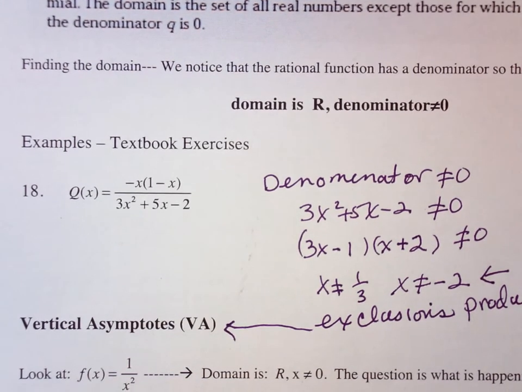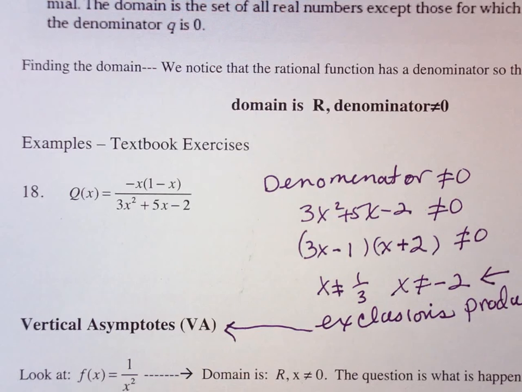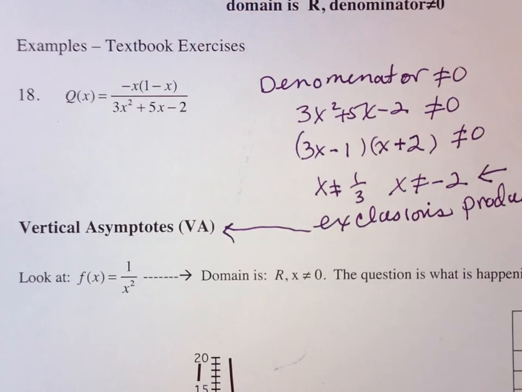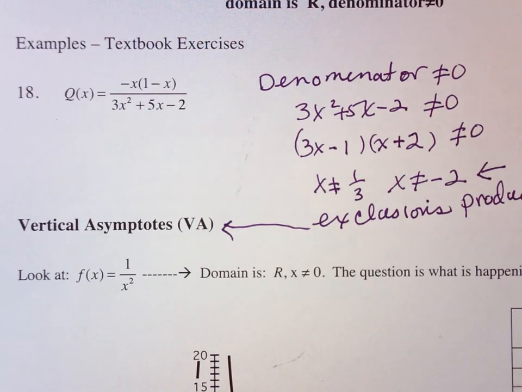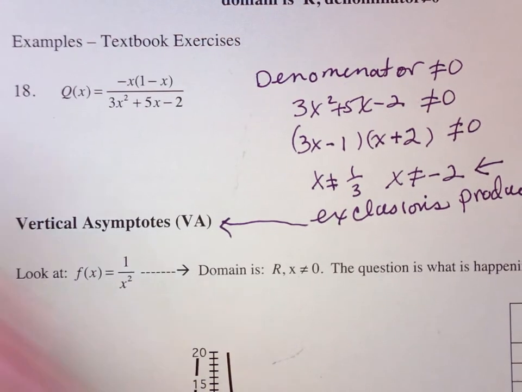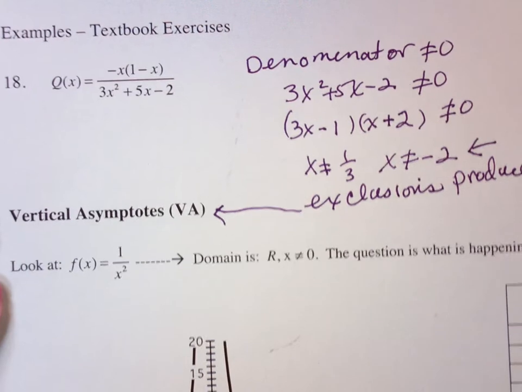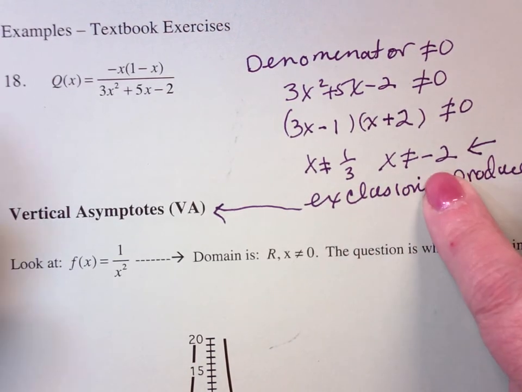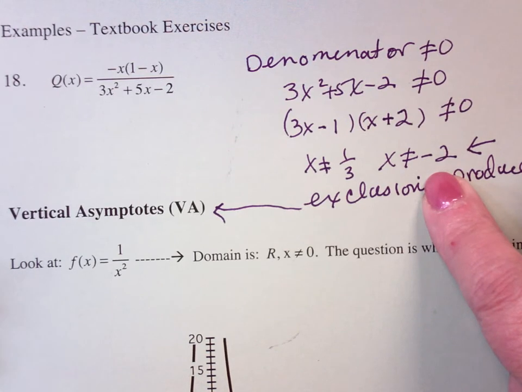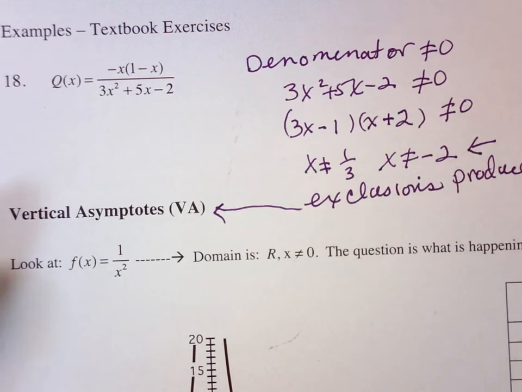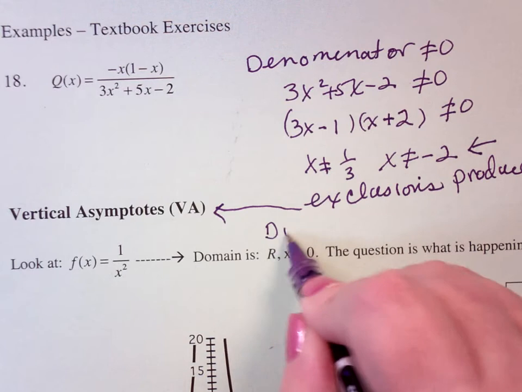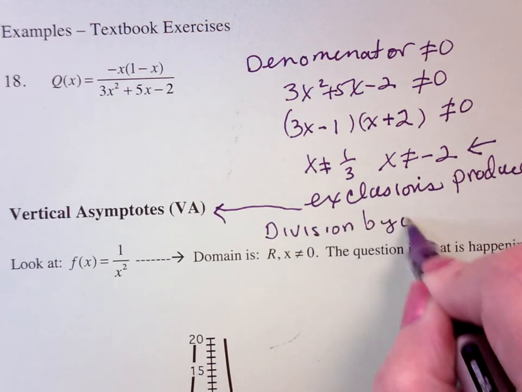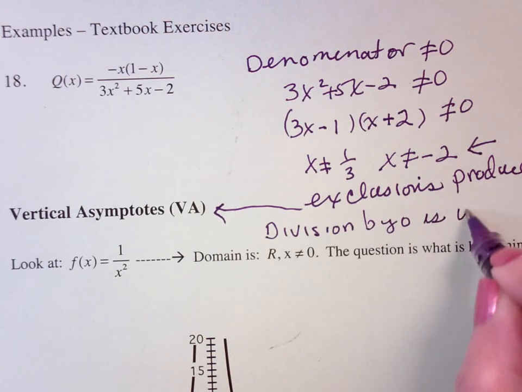Now, as a student, I really did hate asymptotes, because I really, in a sense, did not fully understand them. And that says, well, what happens with 1/3 and -2? What does that mean? Now remember, we've always said one thing. Division by 0 is undefined.